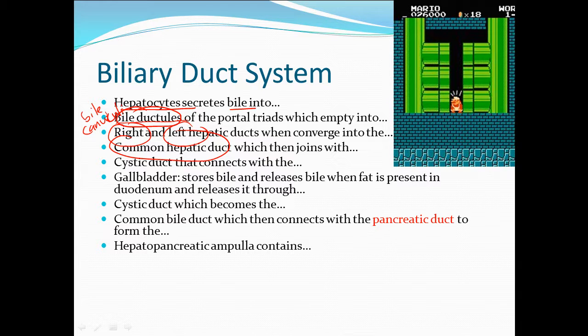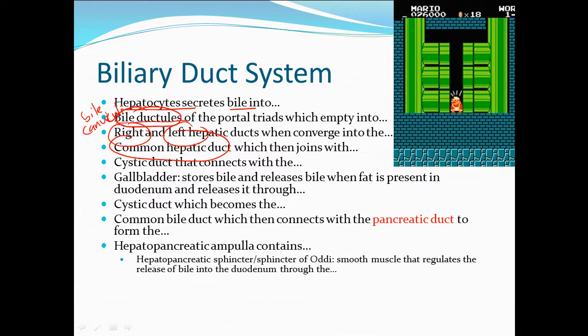And then it'll go out of the hepatopancreatic sphincter. We'll talk about that in just a second. And goes into the duodenum through the major duodenal papilla.